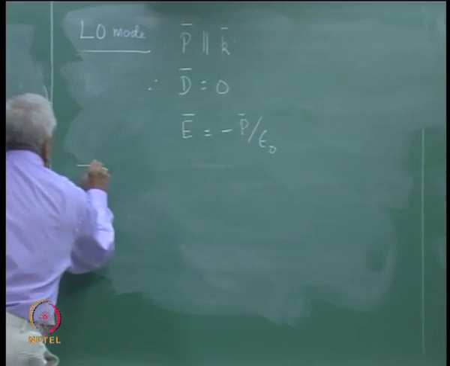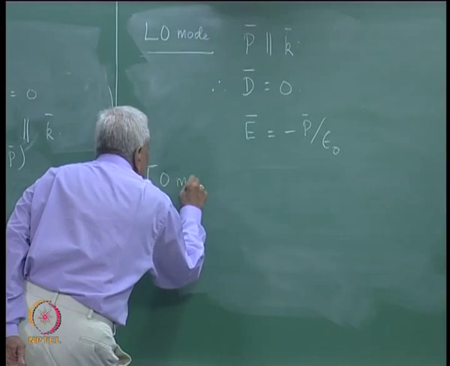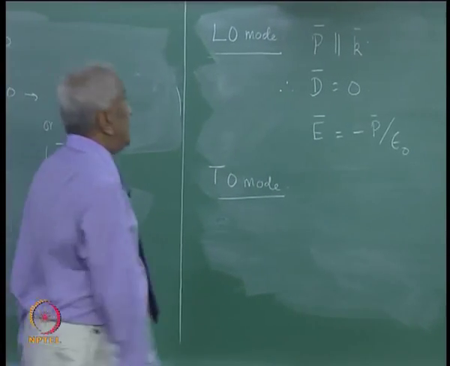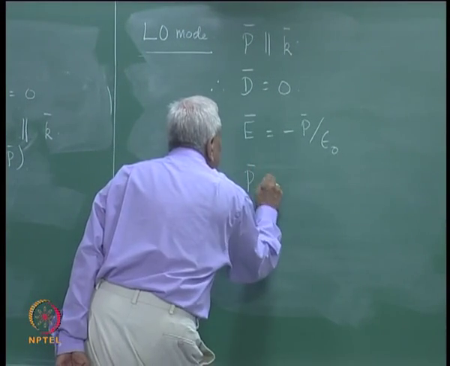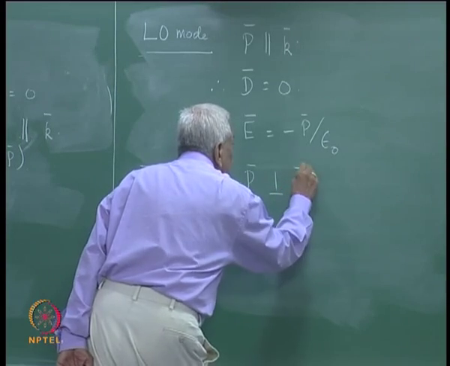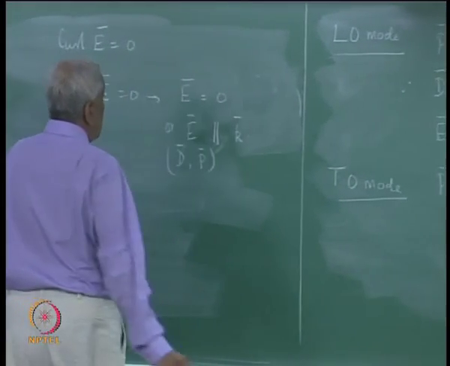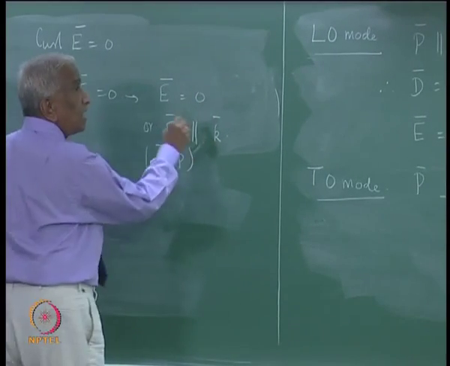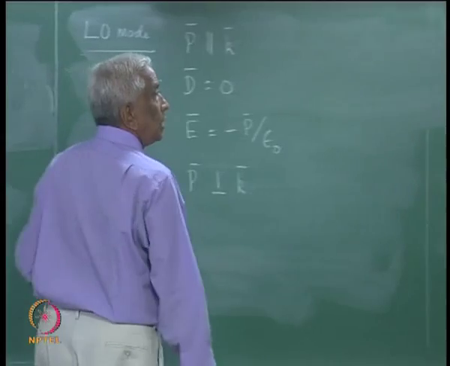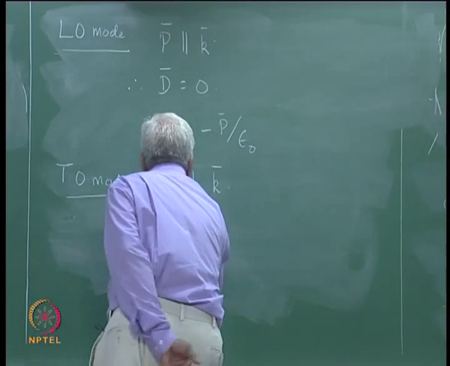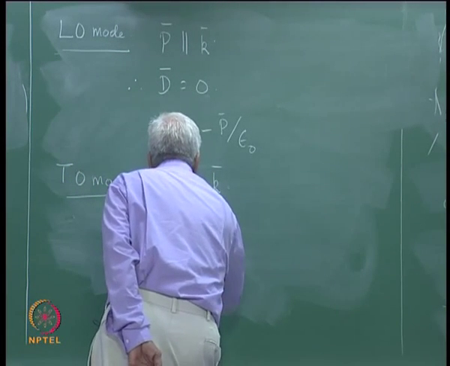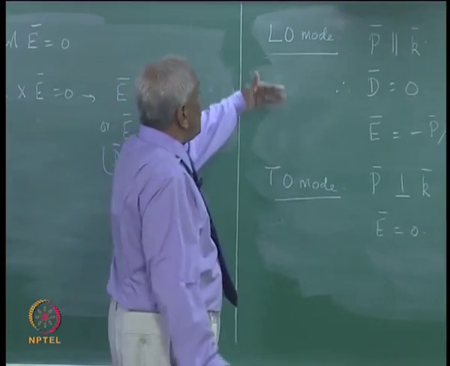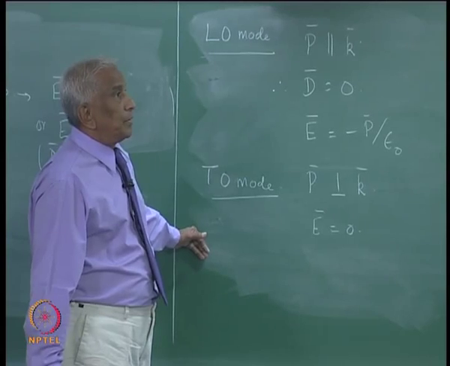Whereas, for a TO mode, P is perpendicular to k, which means that E is 0. So, this is the main difference between an LO mode and a TO mode.